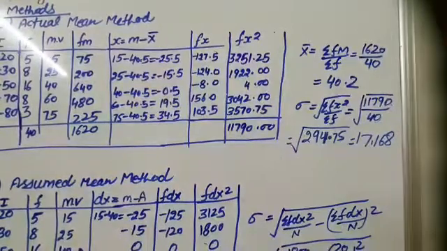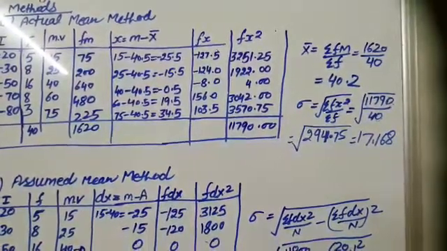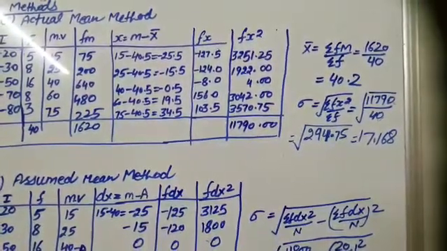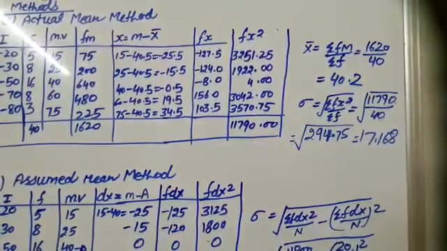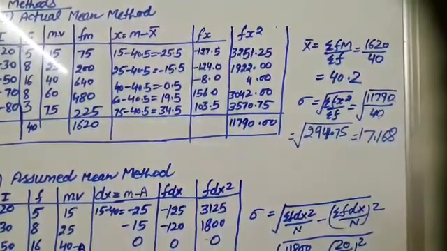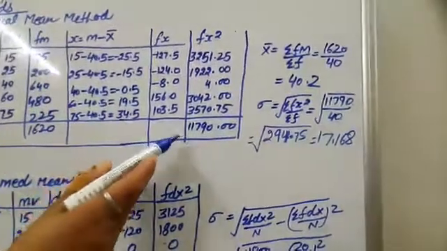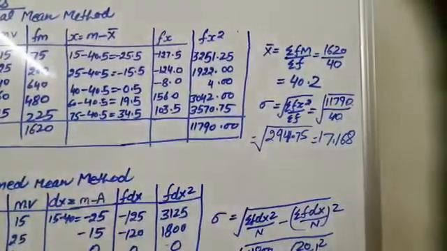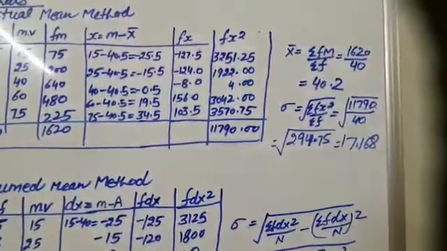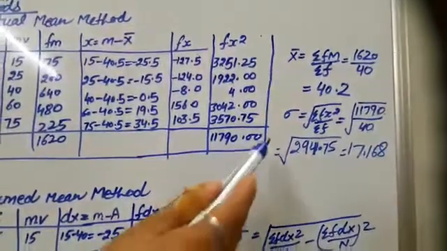Next is 1922.4, 3042, 3570.75. Sigma fx square is equal to 11790.